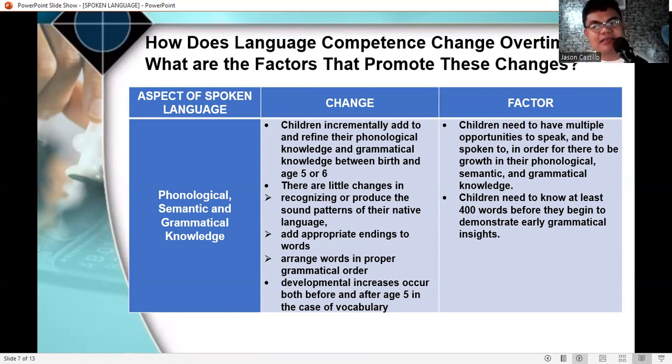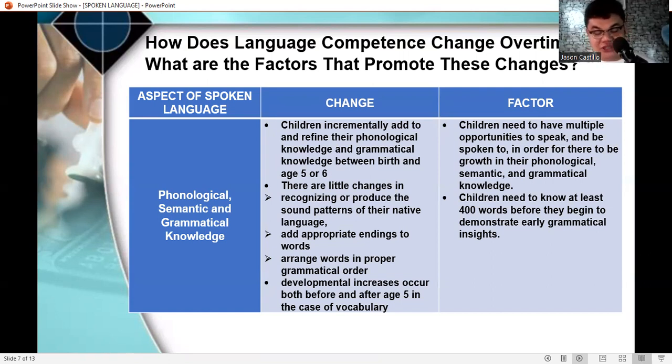Another thing is, according to this paper, children need to know at least 400 words before they begin to demonstrate early grammatical insight. So at least 400 words, according to this theory, before they can develop this grammatical knowledge.